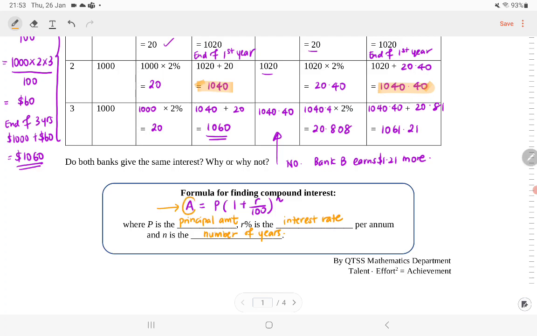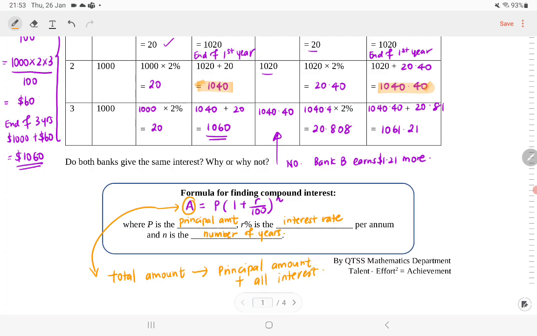Then what does this A stand for? A is actually the total amount. That means what you are going to receive at the end of n number of years. So this is the principal amount plus all the interest that you earn over the years.